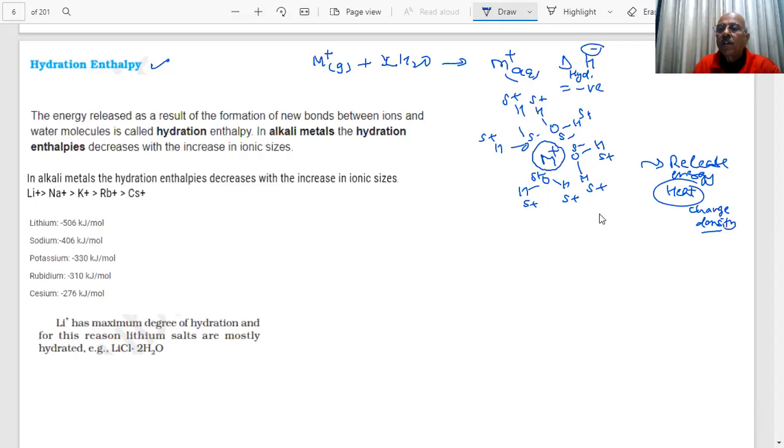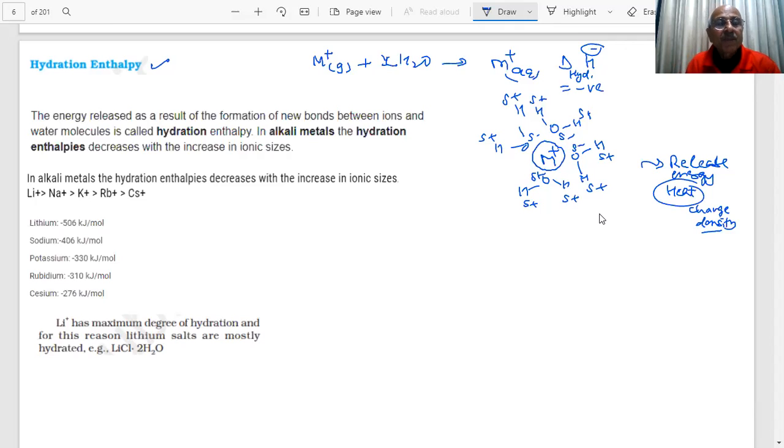Yes, sir. So smaller the size, students, more the water molecules which will surround and attract, and more will be the hydration enthalpy.